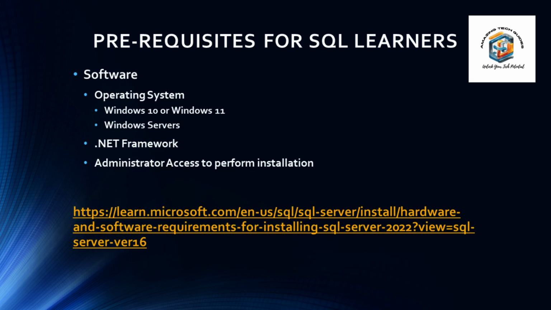In terms of software, you'll need an operating system such as Windows Server or a Windows client like Windows 10 or Windows 11, Microsoft .NET Framework, and additionally administrator access to the operating system to perform the installation. For the best experience, ensure your system meets or exceeds these specifications to ensure smooth installation and optimal performance. Please note that the specific requirements may vary depending on the SQL Server version and edition you intend to install, so it's advisable to refer to the official Microsoft documentation for the most up-to-date information.